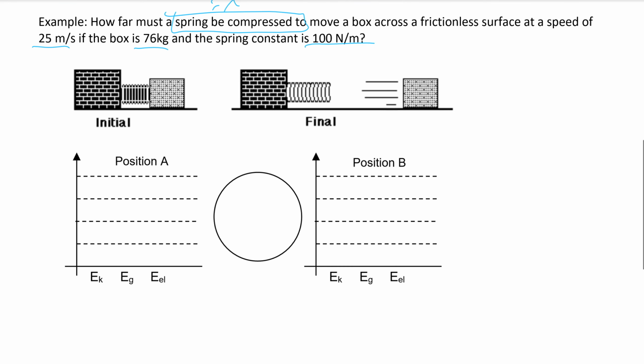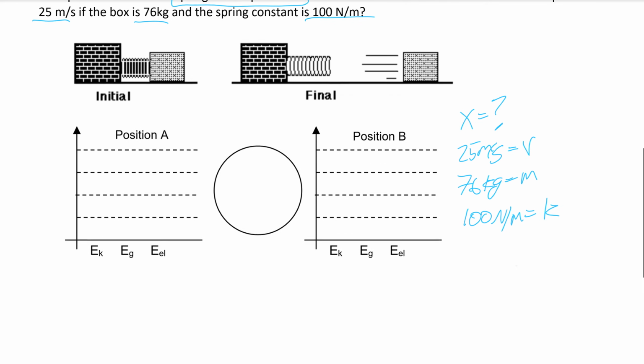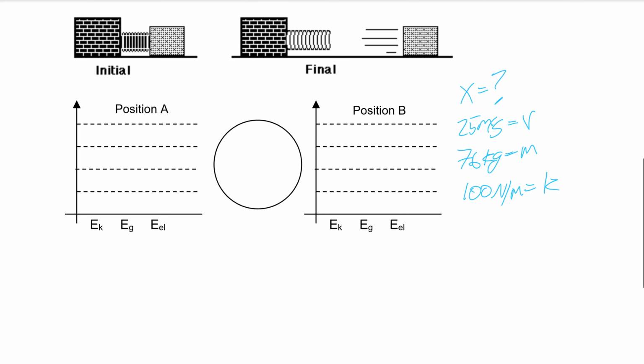So that's what we're going to solve for: x. Just like previously, the first thing we do is an LOL diagram. 25 meters per second is the velocity, 76 kilograms is the mass, and 100 newtons per meter is the spring constant, which is just for future use.